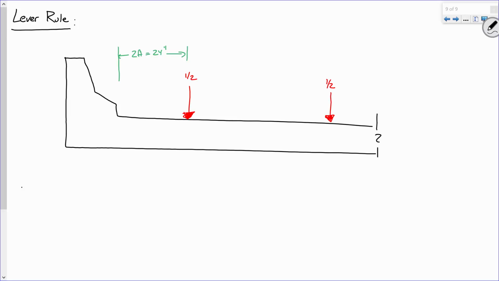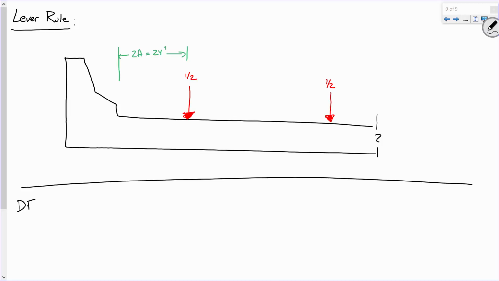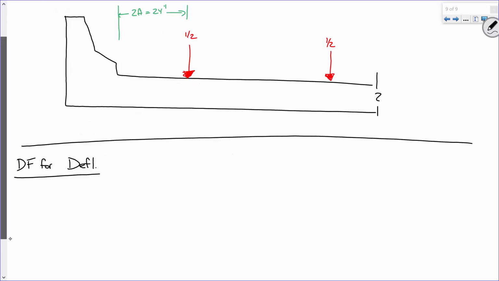Now, the other thing I will point out is the distribution factor for deflection. This bridge had 3 lanes and, I think, 5 beams.